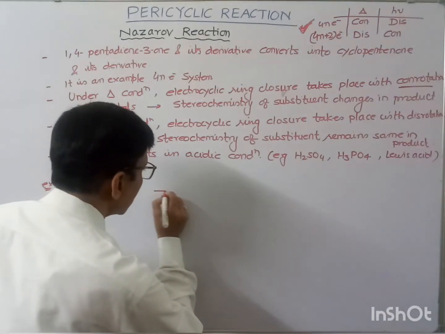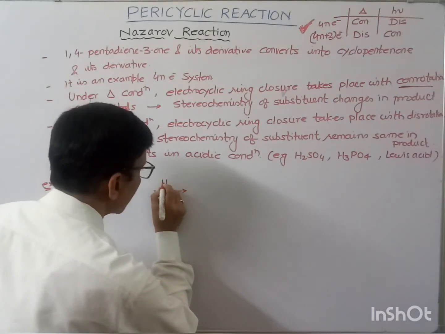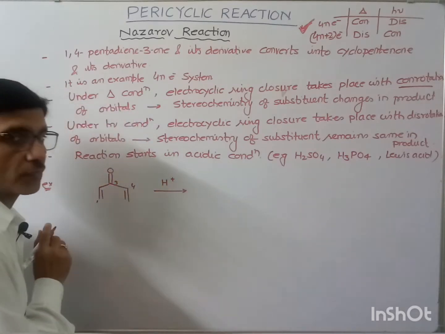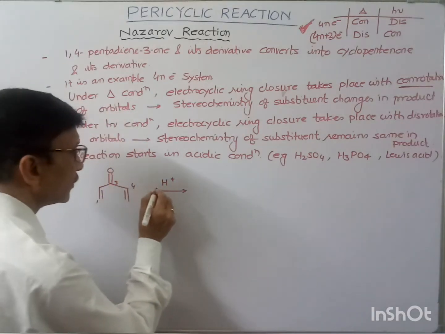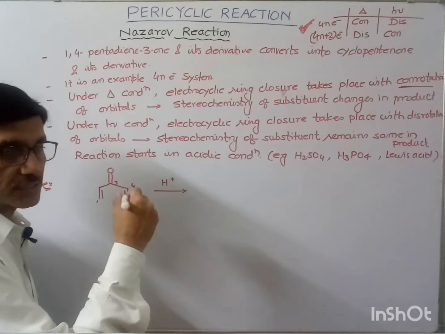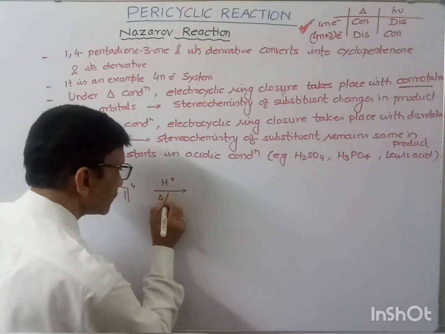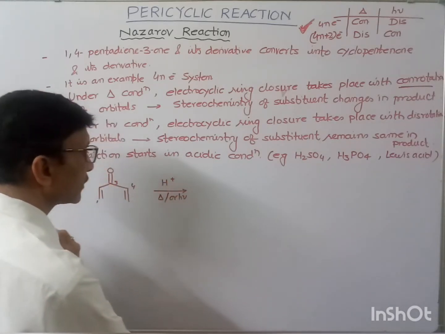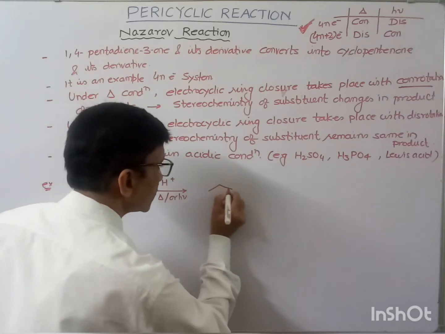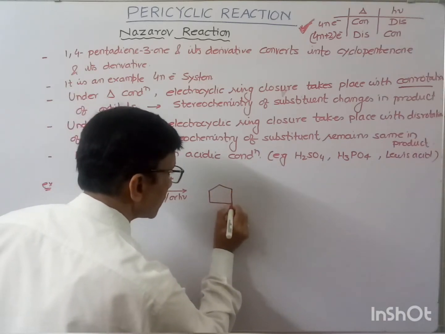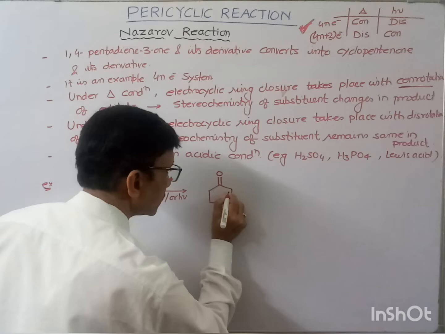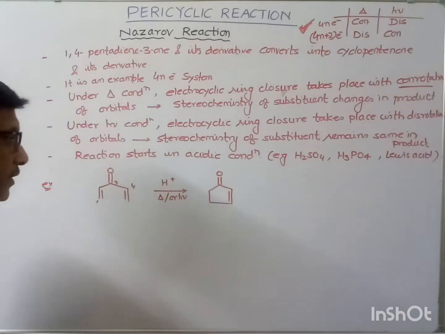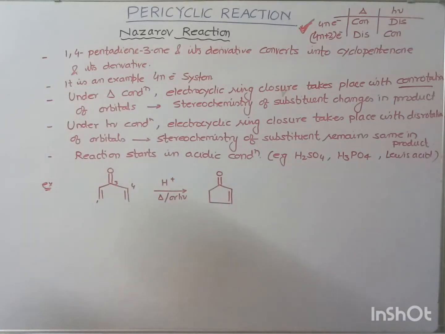In presence of acid, this is just for the start. And finally, if we heat it, either in presence of heat or light, what is formed as a product? Cyclopentenone is formed as a product. Now, how will the reaction take place?